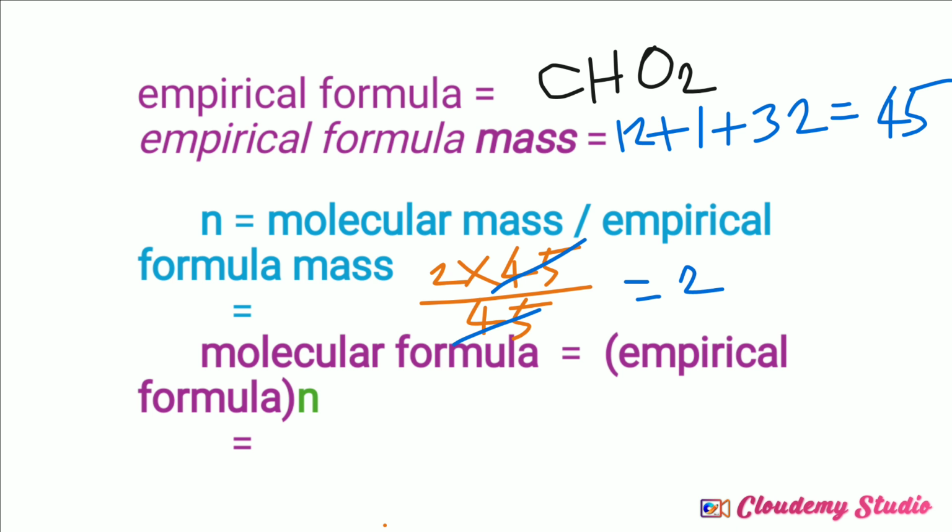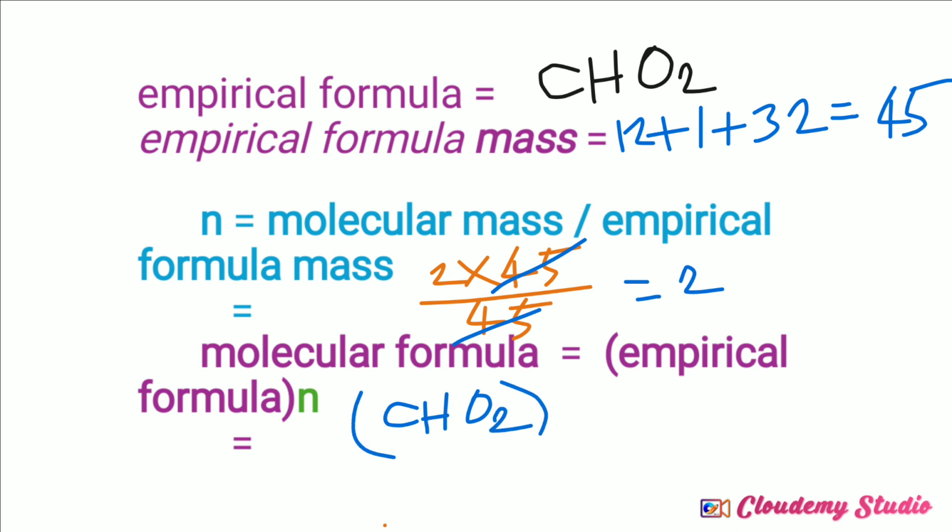The molecular formula is equal to empirical formula times N. If we multiply the value of N with the empirical formula, we will get the molecular formula. So the empirical formula is CHO2.